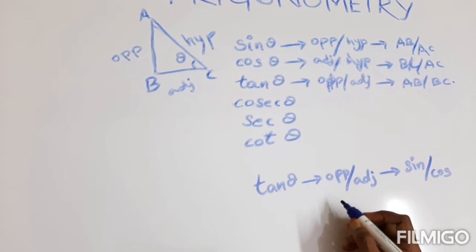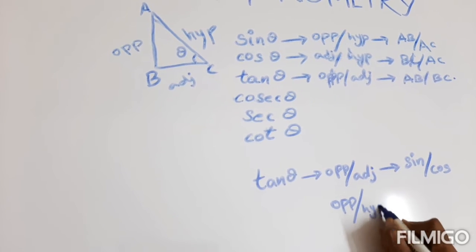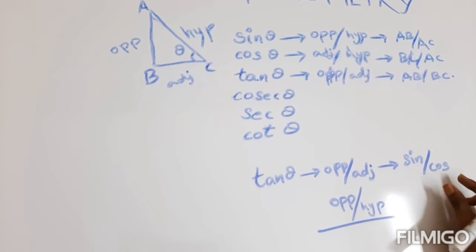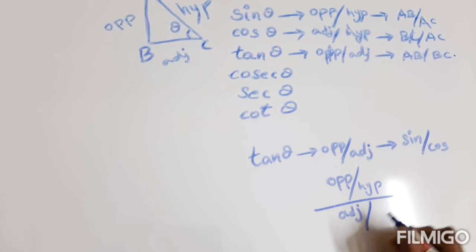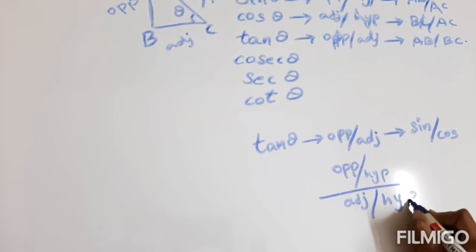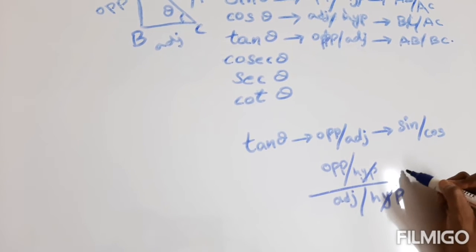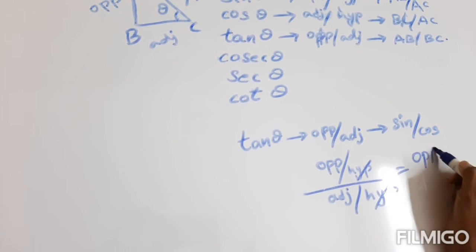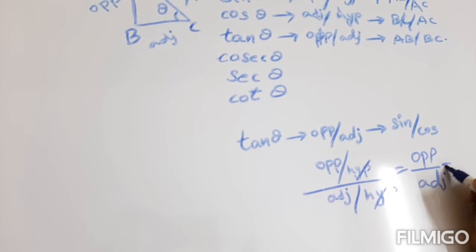Because the formula for sin theta is opposite over hypotenuse, and the formula for cos theta is adjacent over hypotenuse. By cancelling both the hypotenuse, we get opposite over adjacent, which is the formula of tan theta.